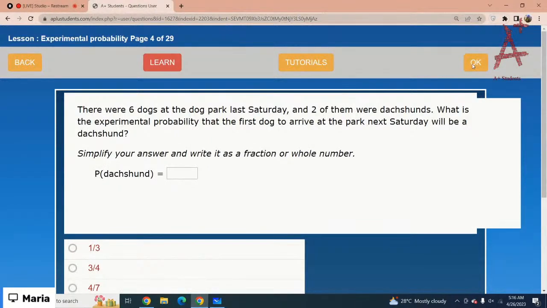There were 6 dogs at the dog park last Saturday, and 2 of them were Dachshunds. What is the experimental probability that the first dog to arrive at the park next Saturday will be a Dachshund? Which is the correct option?